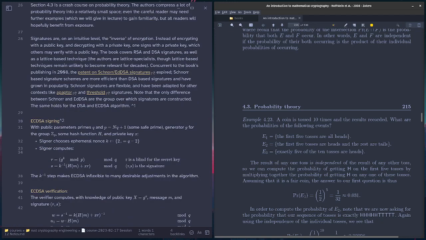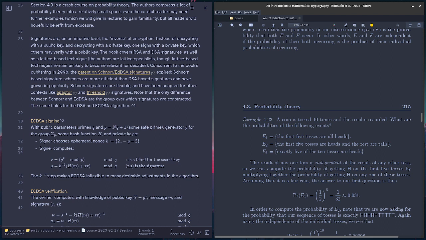If we wanted to talk about signatures, signatures are often presented as the inverse of encryption, in the sense that in encryption you encrypt with someone's public key and they can decrypt with their private key. Signatures is a one to many, and encryption is a many to one.